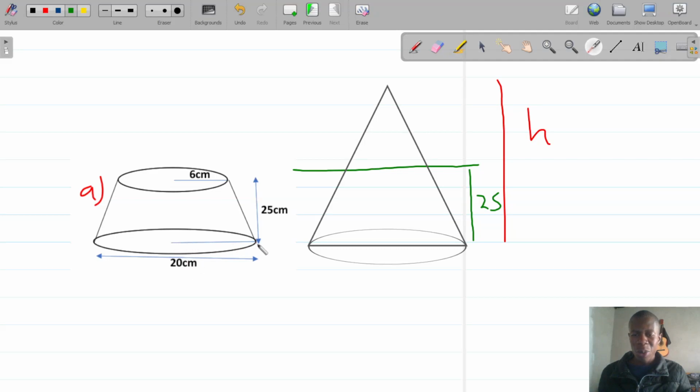The radius, from this point to that, is half of the diameter, which in this case is 10 centimeters.